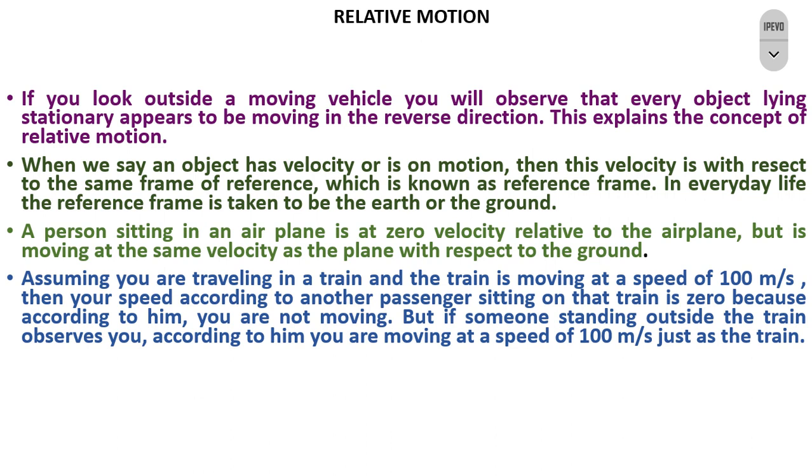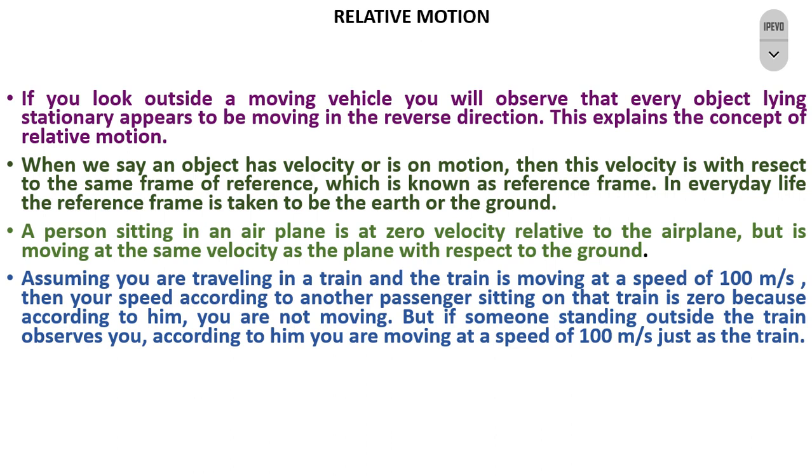So when you are observing another person inside the train, you are not moving, you don't have velocity. The person inside the train does not have velocity. You assume that your velocity and that of the person is 0, although the train is moving at a certain velocity, but it appears as if you are stationary.